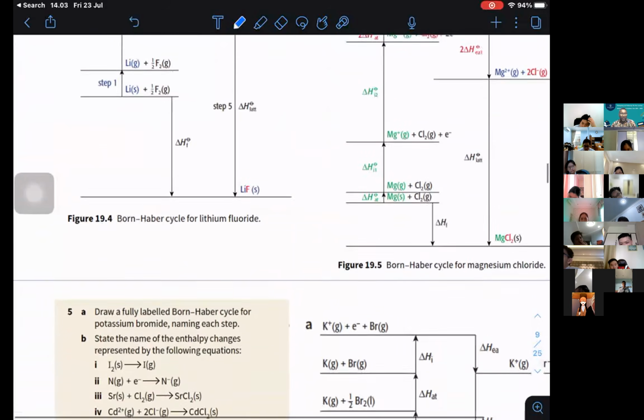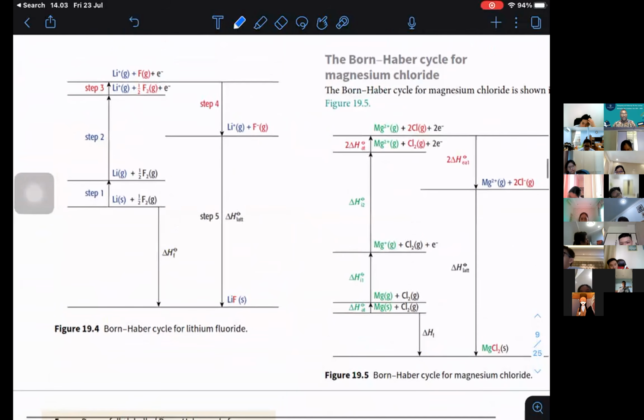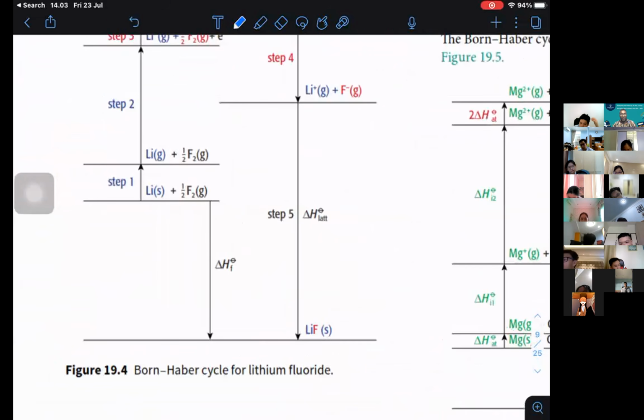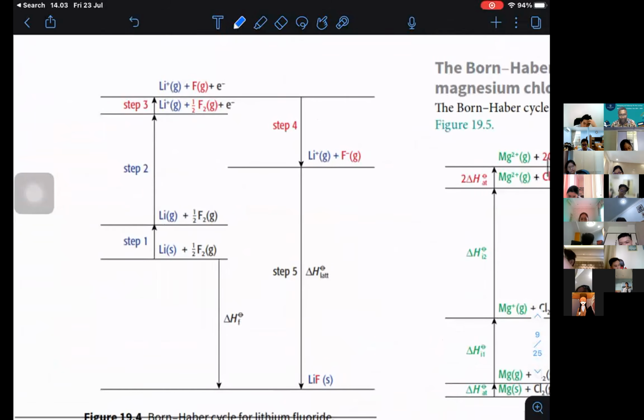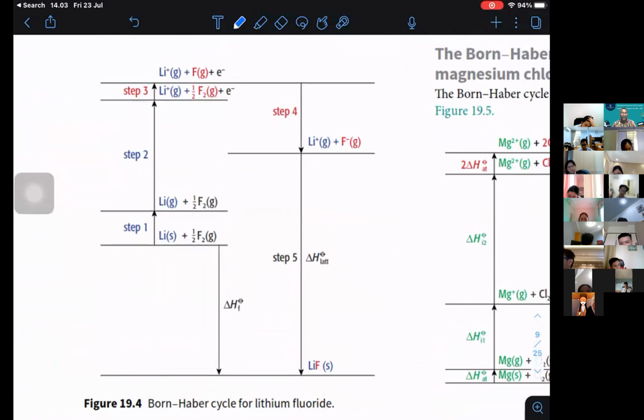Now, if you look at the Born-Haber cycle, this is how you draw it for lithium fluoride. First, this is the enthalpy change of atomization of lithium.